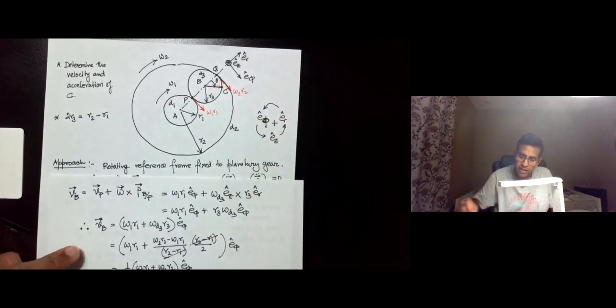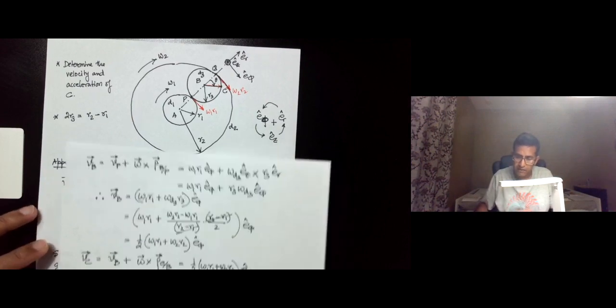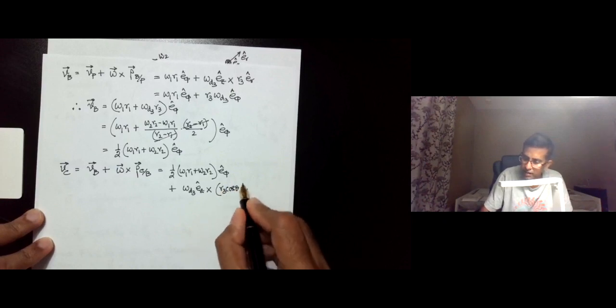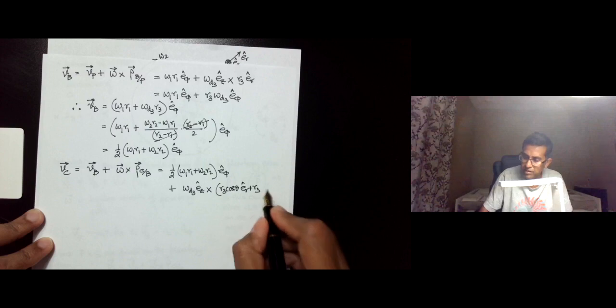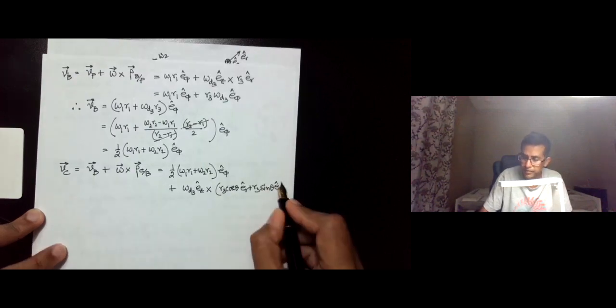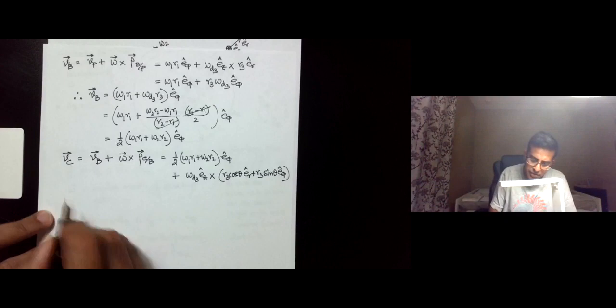So r3 cosine theta ER plus r3 sine theta E phi. So that's the vector expression. So next we just simplify this equation.